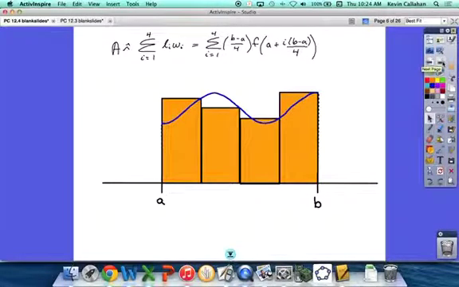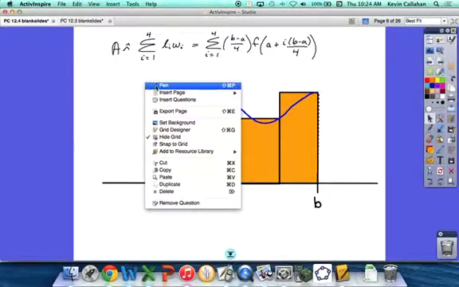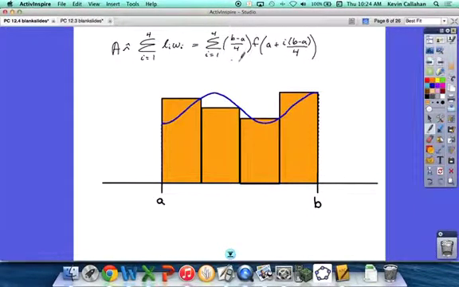Okay, so now what happens to our estimate if we increase the number of rectangles? Now my width is b minus a over 4, and I'm still using this here. What's changed? Because the width is b minus a over 4, that's counting widths to the right. So this is the width.